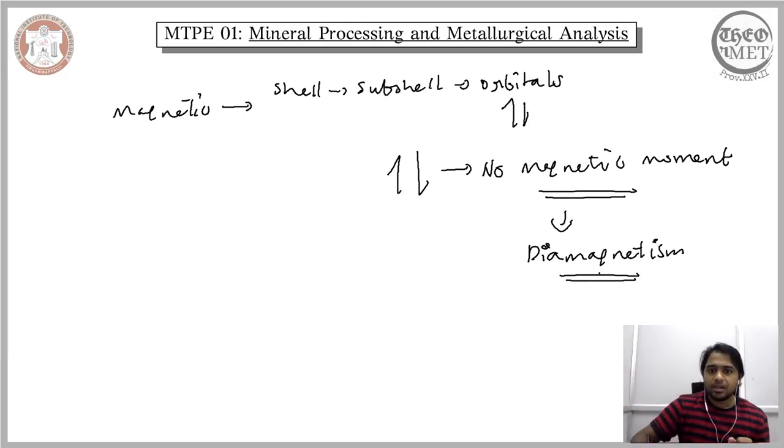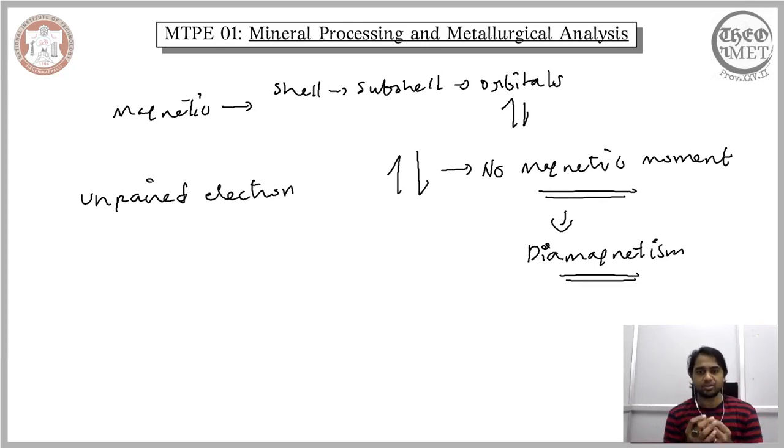Now, it is not always the case that the orbitals have these paired electrons. It is possible that the orbitals have unpaired electrons. And when you have such unpaired electrons, you don't have a cancelling factor. Only when you have a paired electron, one electron rotating in the clockwise direction and the other rotating in the anti-clockwise direction, do they cancel out each other, and you have no net magnetic moment.